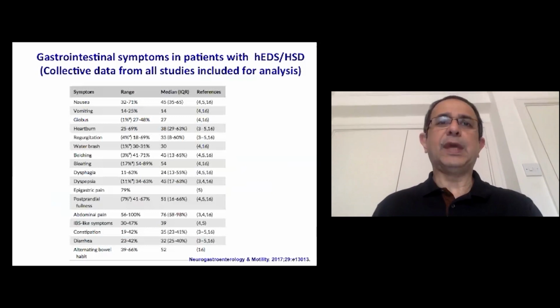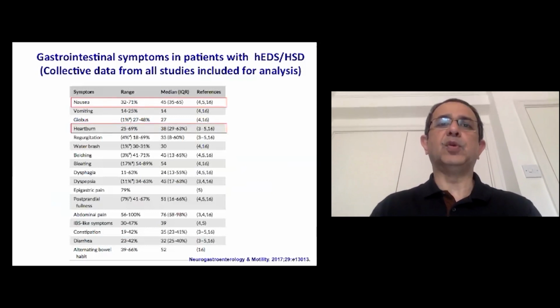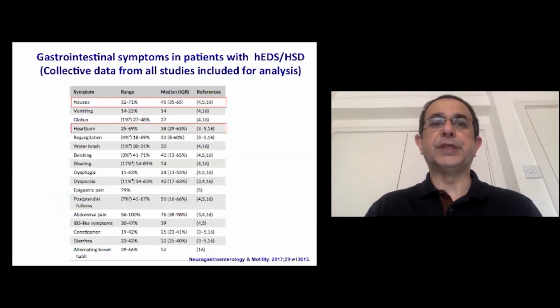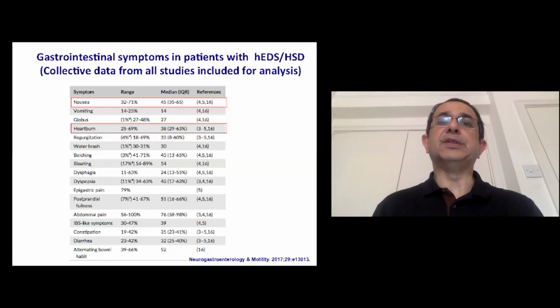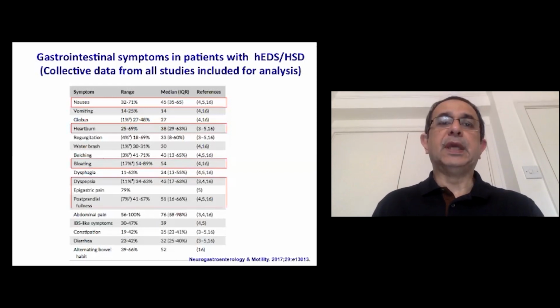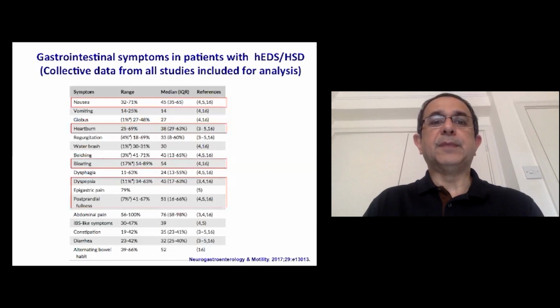If you look at the list over there, you can see that some of the most common symptoms include nausea, which can occur in anywhere between a third to two-thirds of patients, and similarly heartburn is incredibly common. Bloating is even more common, and more than half of the patients suffer from bloating. And another very common symptom is dyspepsia, which is also described as indigestion.